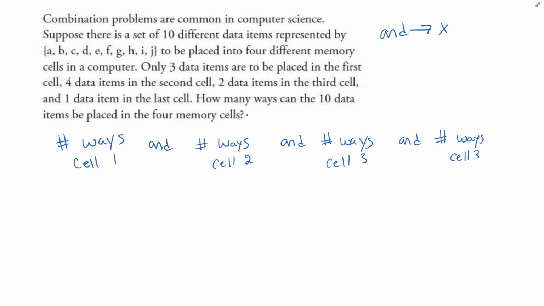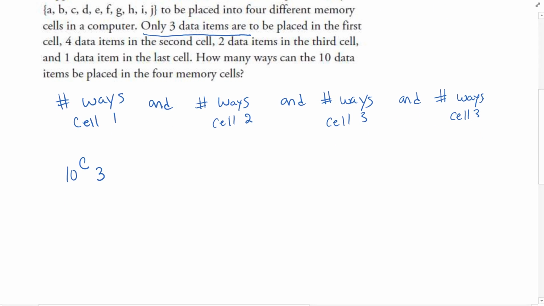So if I look at the first cell, we have 10 different data items to choose from. But if we go back here, it says only 3 data items are to be placed in the first cell. So I can only put 3 in here. Assume that those 3 are there.